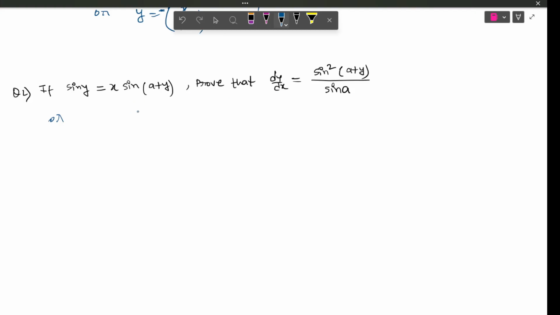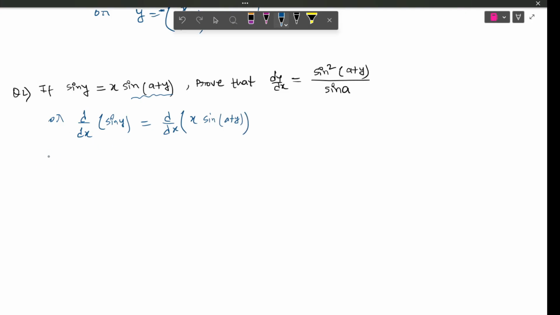So when you differentiate both sides with respect to x, you see here is one term, sin of (a plus y). So this is in the form of an implicit function. First term: d by dx of sin y equals d by dx of x into sin of (a plus y).